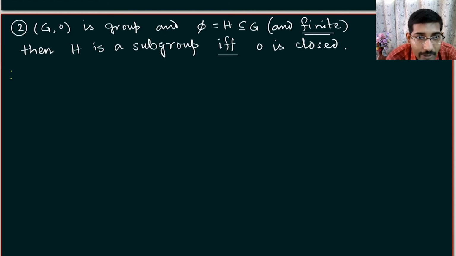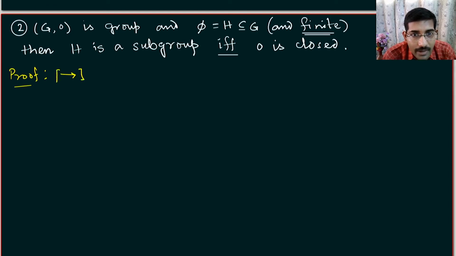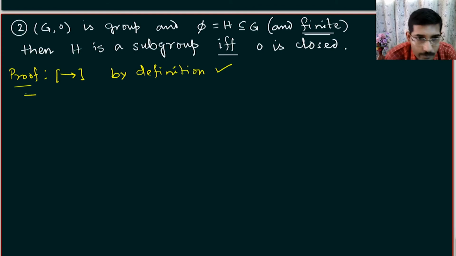Let's see how we can prove it. This part is very trivial because it is by definition. It's a group, so by definition the first property says the closure should hold. So this is true.